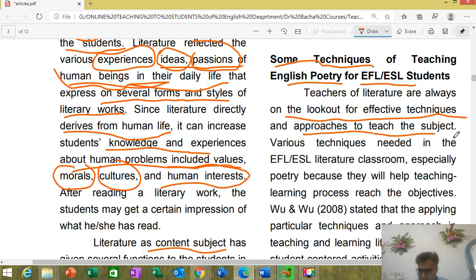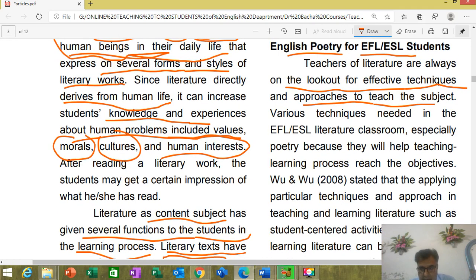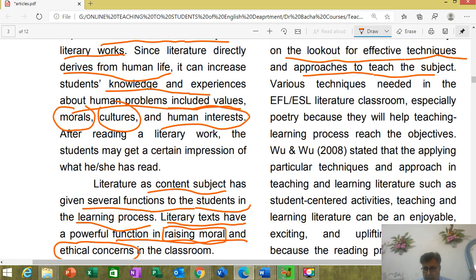Because every teacher has his own techniques, so they can use them in the context, especially poetry, because it will reach its learning process objective.